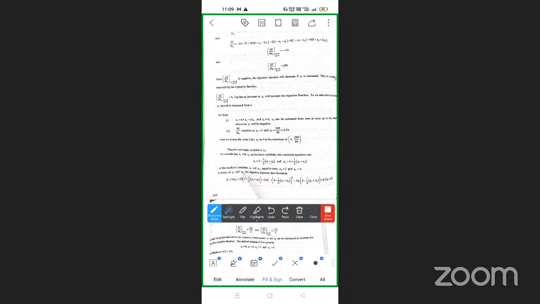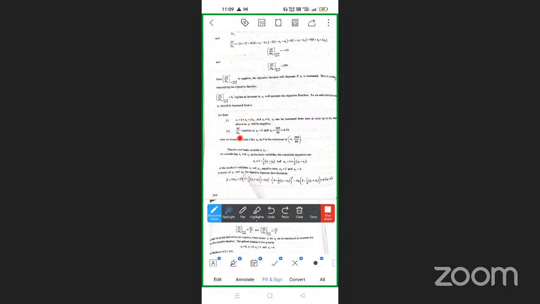First case, from x1 = 8 plus x3 minus 2x4, with x3 equal to 0, x4 can be increased at most up to that value. Otherwise, x1 will be negative. If x1 increases, x3 also increases.